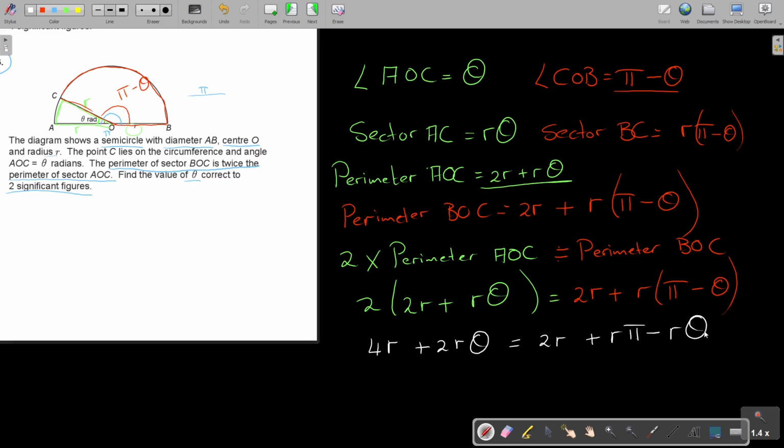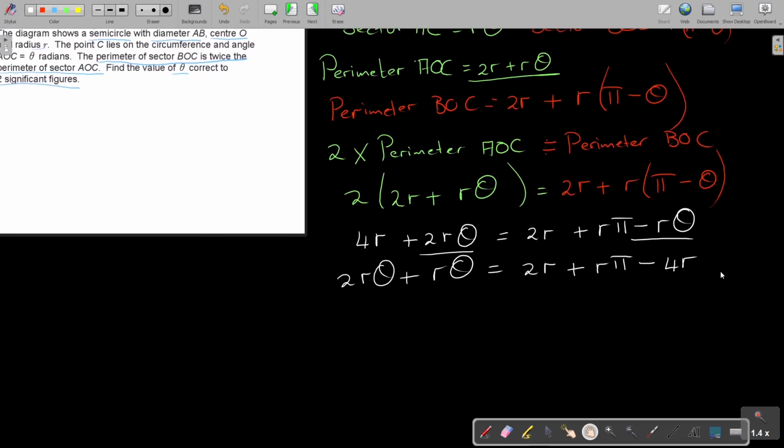Now, they say theta, so bring the thetas to one side. Do you see there's a theta? So it's 2R theta plus that R theta. It's always the one that you want to make. Just bring that to one side. And then it's 2R plus R pi minus 4R. Okay.